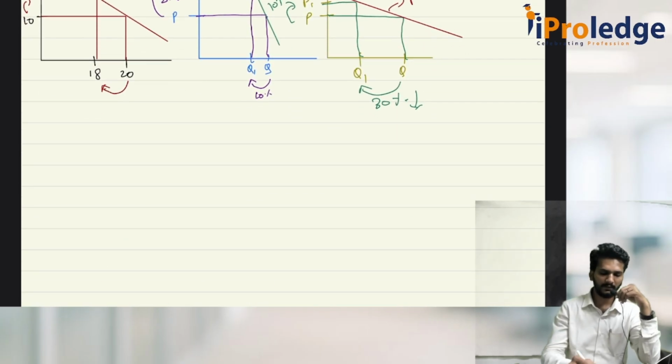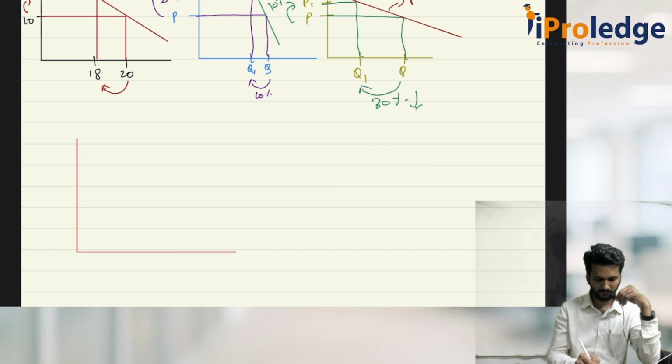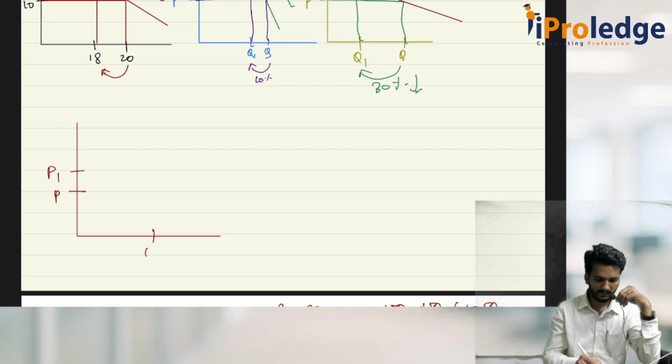Because of which what happens? Price actually increased from P to P1. The quantity wherever it was, still remained at Q only. That means when it was at this point, this was the demand curve. When the price increased, still it remains on the same point.